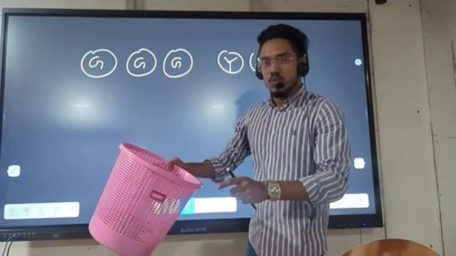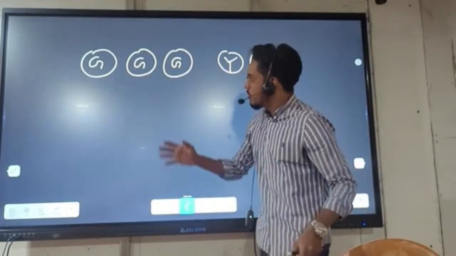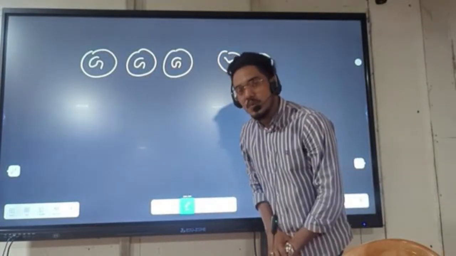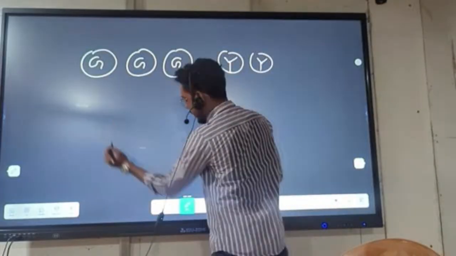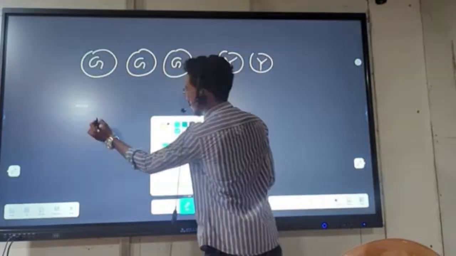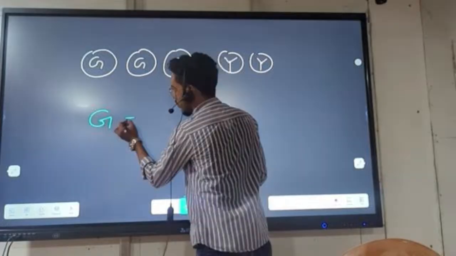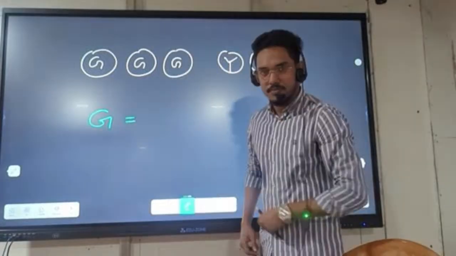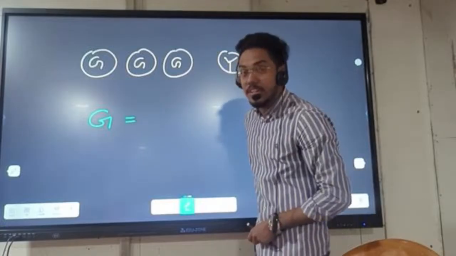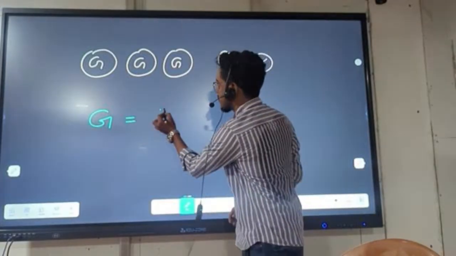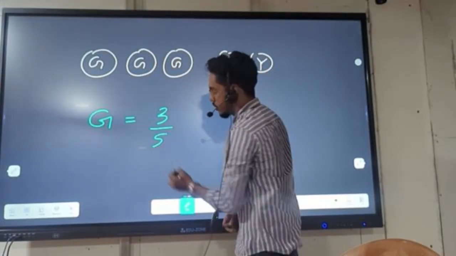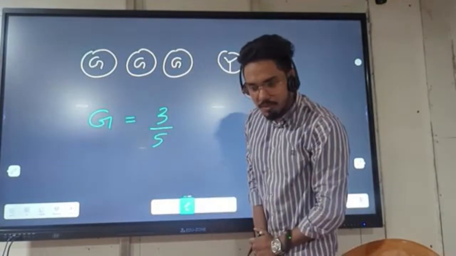Now tell me, out of the five balls we have, how many chances do we have to select a green ball? There we go, I have three chances out of the total five, so we can write it as a fraction. Any questions up to this?